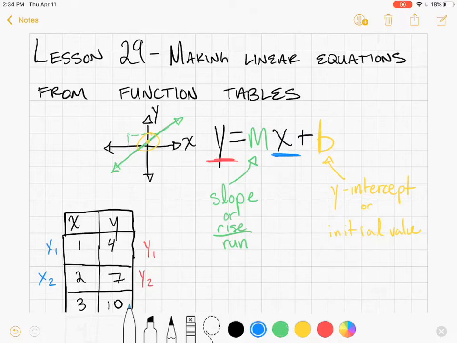So if x is 1, y is also 1, right? Because x-axis coming up this way, y-axis coming up this way, and so you're able to plug those in and solve for each other. And we're going to work on that a little bit today.